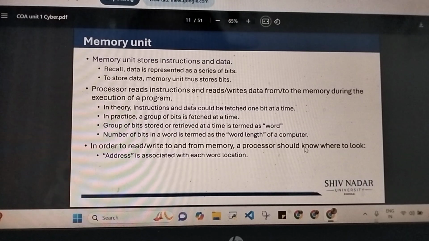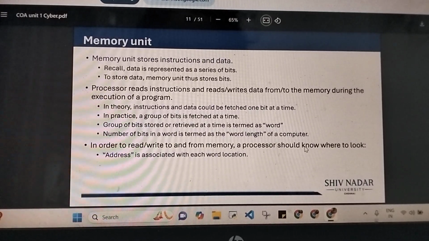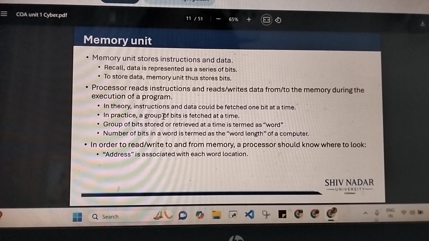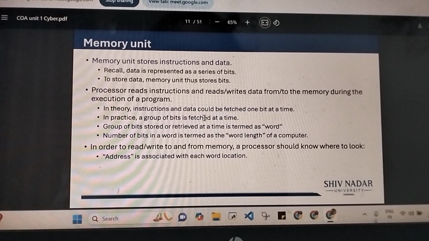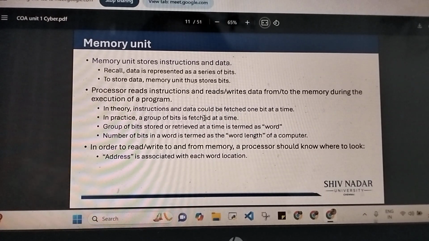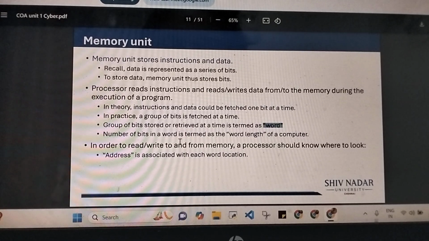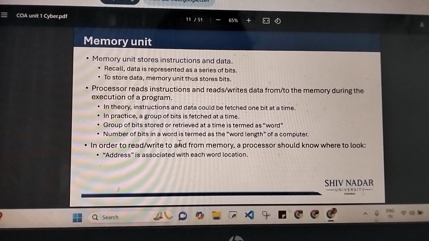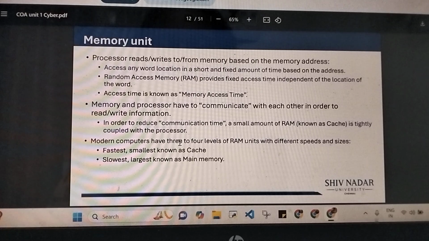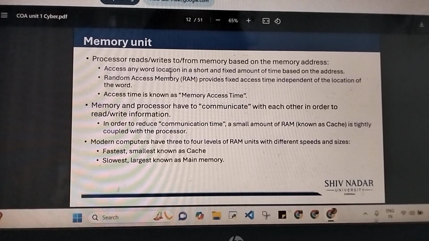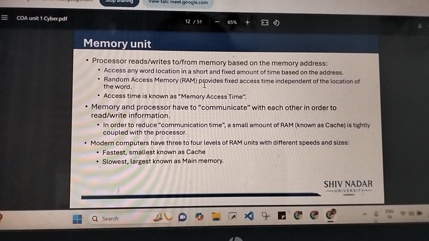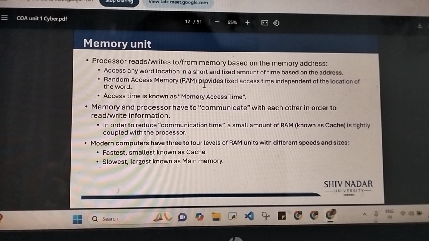Memory is where both your data and instructions are stored. Memory is made up of bits. A collection of 8 bits is a byte. It is also sometimes called a word, and each memory location has an address. These are things you're familiar with. Random access memory provides a fixed access time. There are different types of memory: RAM, ROM, erasable ROM, programmable ROM, and so on.